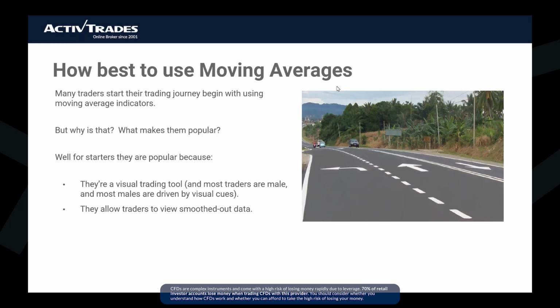And I find this very often with completely new traders, is that because perhaps they don't have the knowledge, the experience, the confidence to read price action, whether it be candles, whether it be bars, or another variation, moving averages allow them to smooth out the data and get an indication of what the market might be doing, and then from that use that as a trading plan.